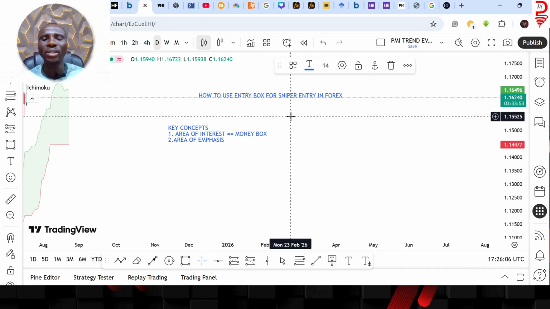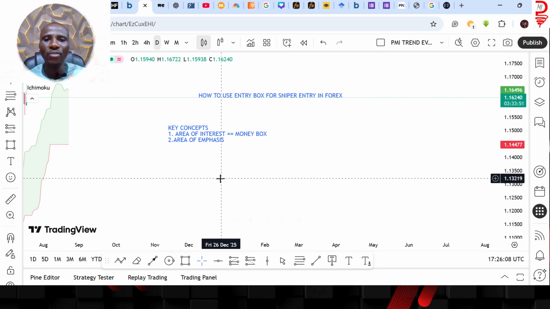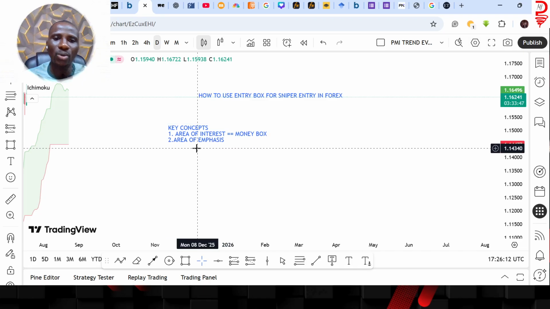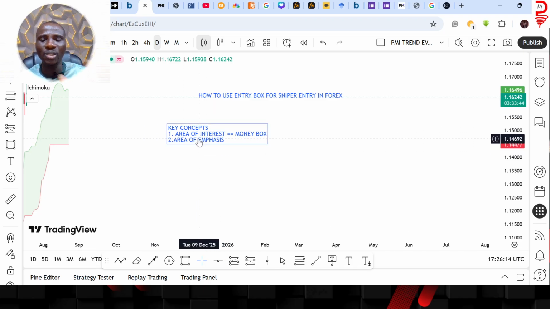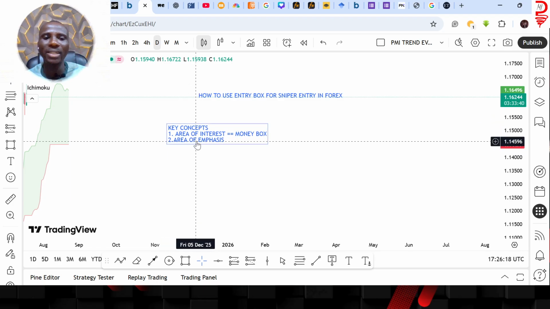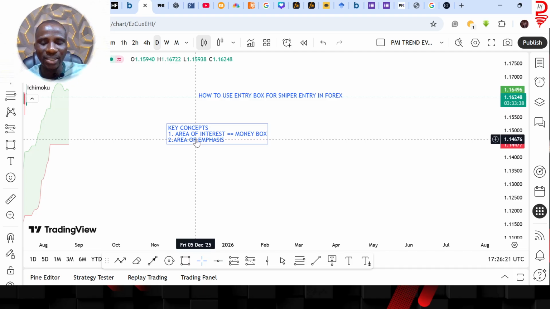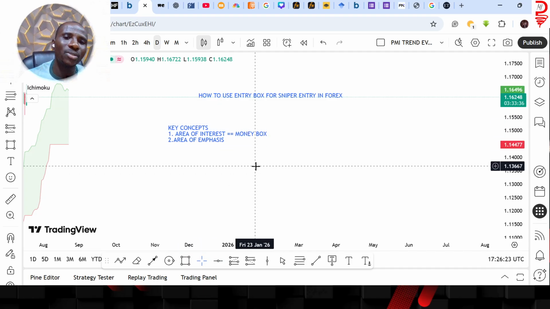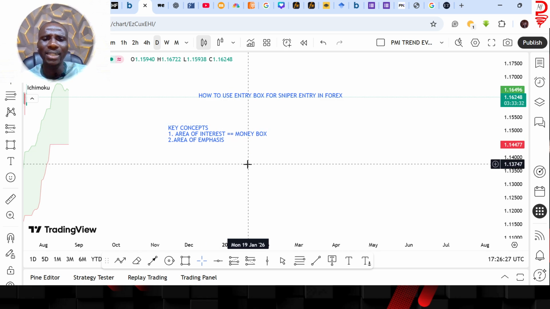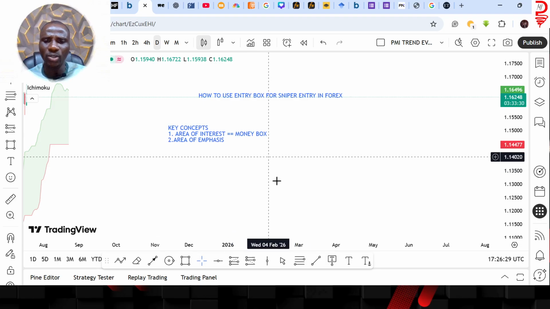You really need to understand these two concepts before you can capture the concept of entry box. As much as I'm going to be explaining some things theoretically here, I will pin it down on the chart so that you can relate to what I'm talking about. But please pay close attention so that you understand theoretically what we are talking about.